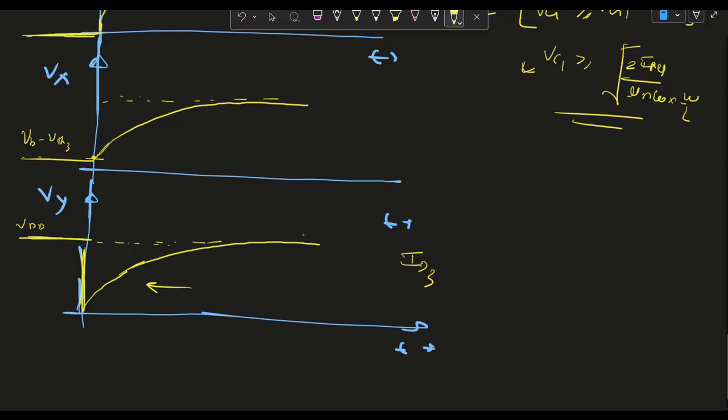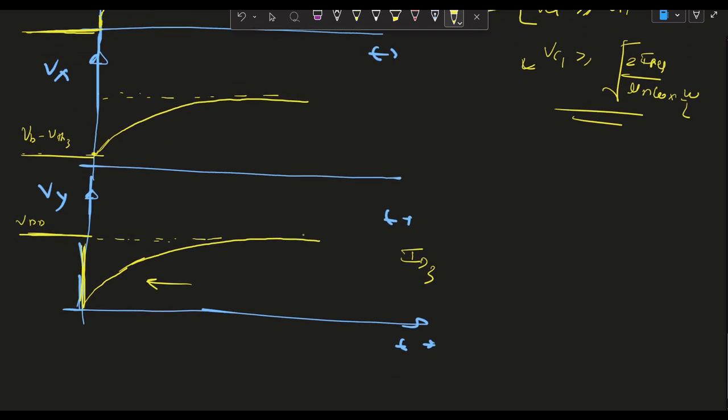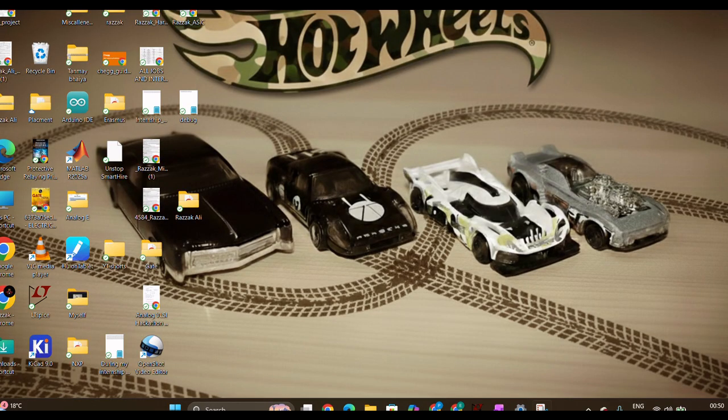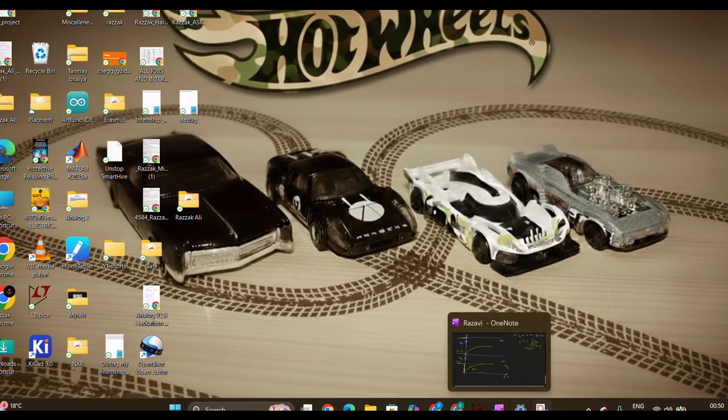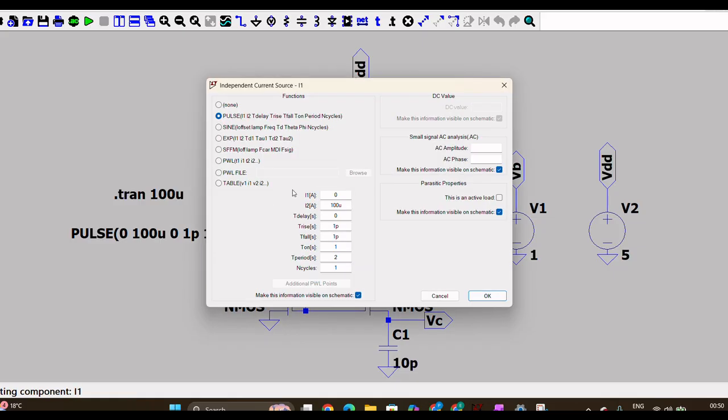And let's move to the simulation, and we will get a clear understanding of the question. So for the simulation part, this is our simulator. For the time being, I assume this to be a pulse waveform. The specification is that my current is 100 microampere, the delay is 0, and then the rise time and fall time.